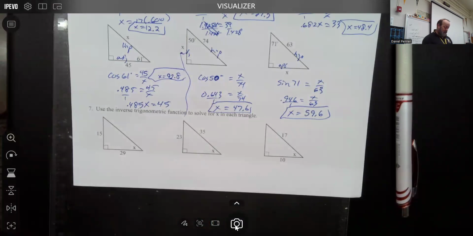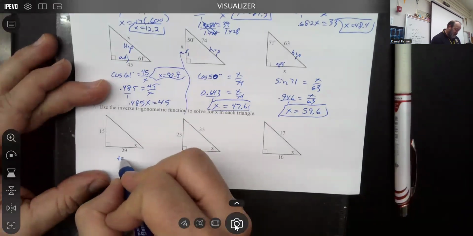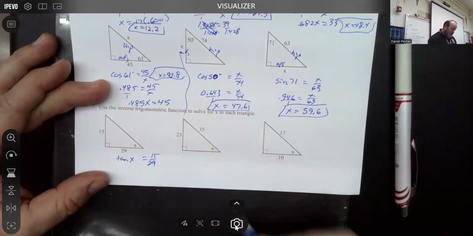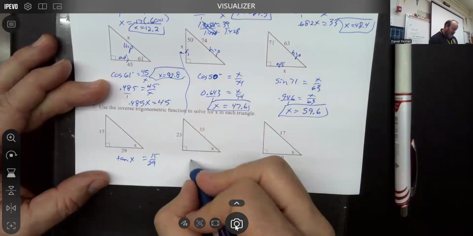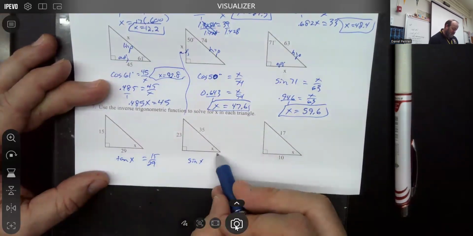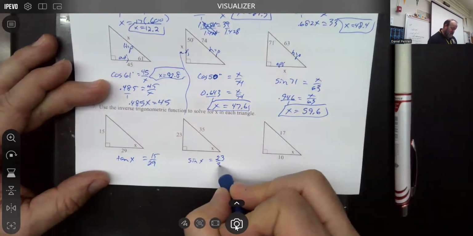All right, we are almost done with this page because our last three go the other direction, where I'm looking for the angle. What I know is that this is a tangent that yields the answer 15/29. This one is a sine because this is opposite over hypotenuse.